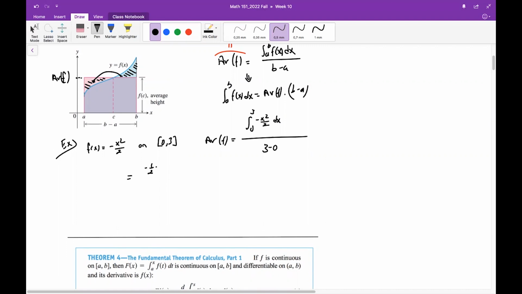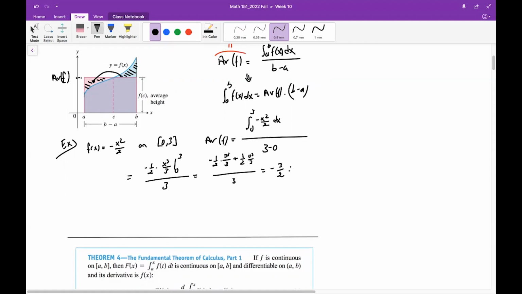Minus 1 over 2 stays as a constant coefficient in front, and the antiderivative of x squared is x cubed over 3, and then we can safely insert upper and lower bounds like this, and in the denominator we have just 3. So what we have is minus 1 over 2 times 3 cubed over 3 minus 0 cubed over 3, divided by 3. So the result of this computation is minus 3 over 2.